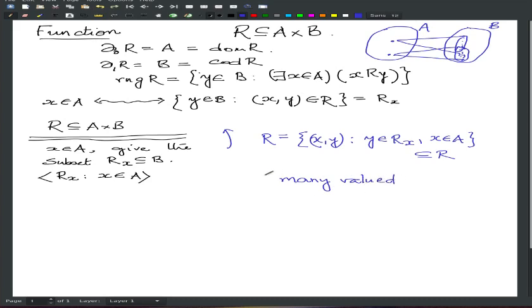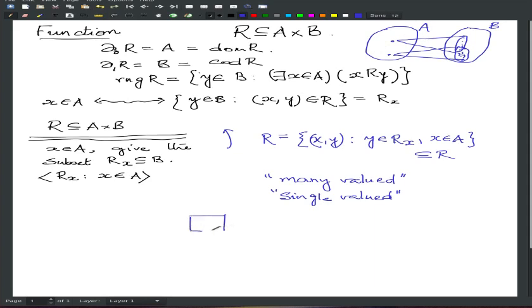Now, coming to this idea of many-valued and single-valued. On the other hand, we are now going to see a very special kind of relation which is not many-valued in this way, but is single-valued. So what is the idea behind it?